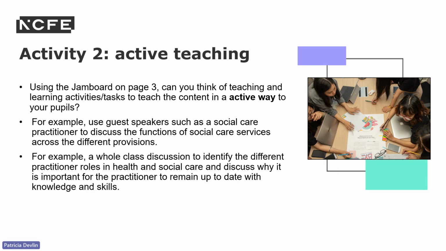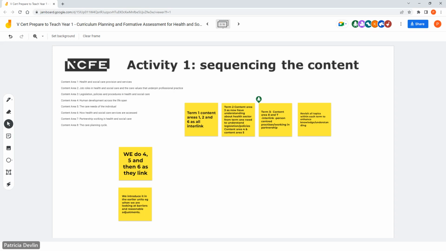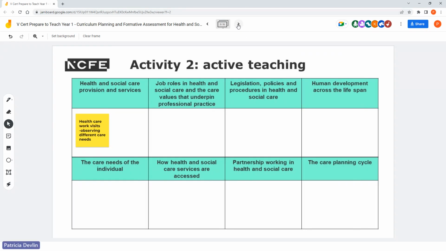So just some examples that you could use are things like guest speakers as a social care practitioner. So I'll put that Jamboard 3 on there now. So page 3 of the Jamboard, activity 2.